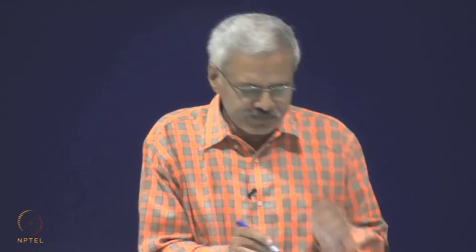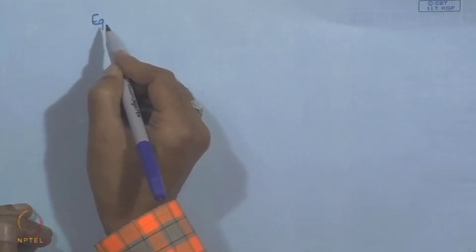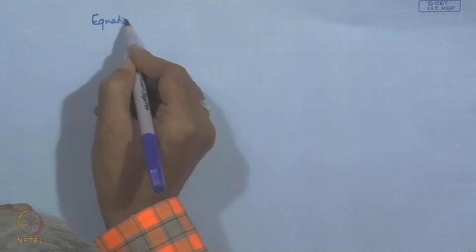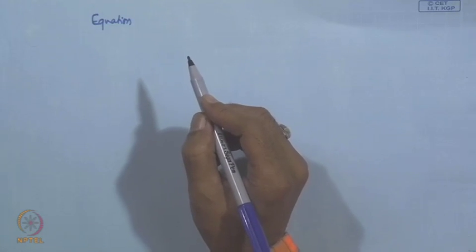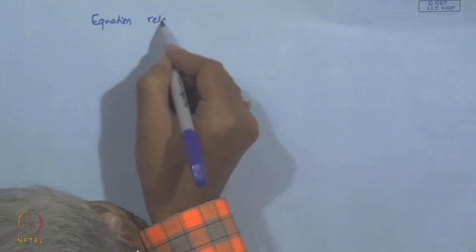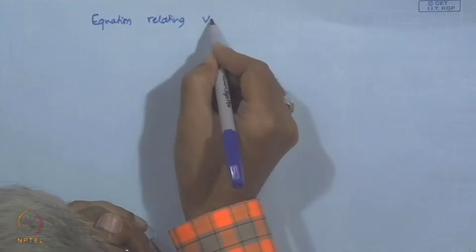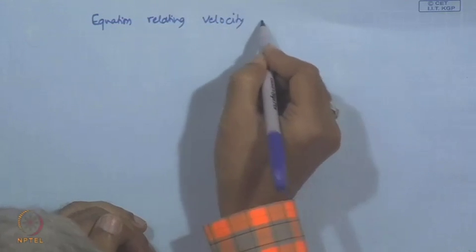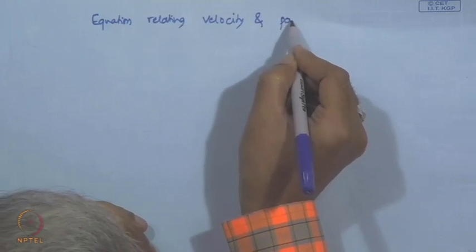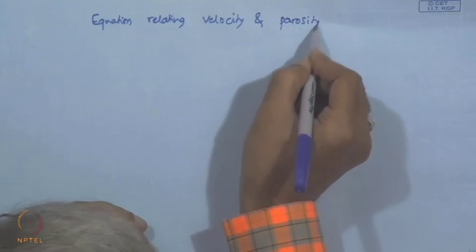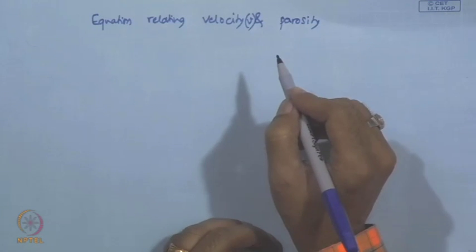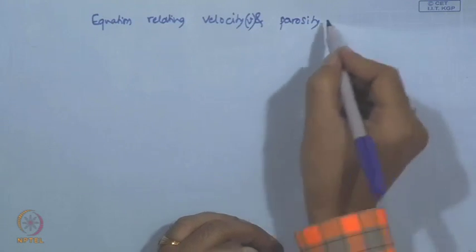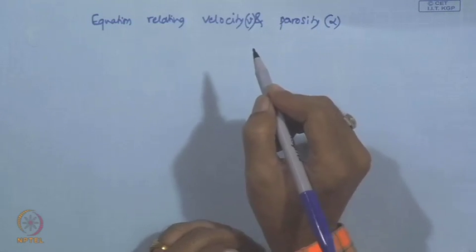So, now there is an equation relating velocity and porosity. This velocity is denoted by the letter V and porosity is denoted by the letter alpha.